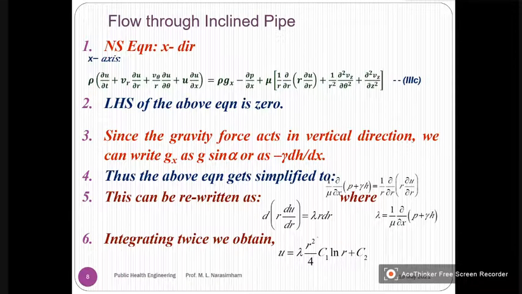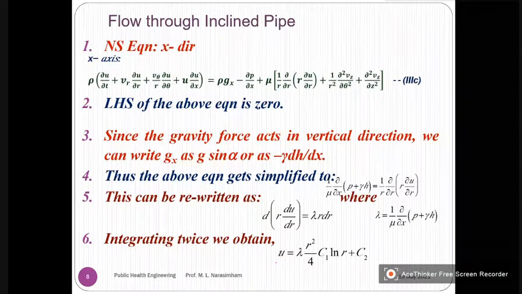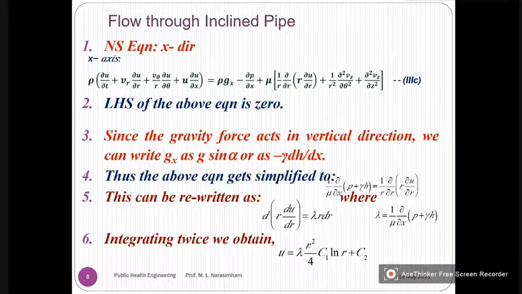If I differentiate this with respect to r, I will get du by dr. When I use r equal to a, this will become a square and log a, so it must be 0 at r equal to a.